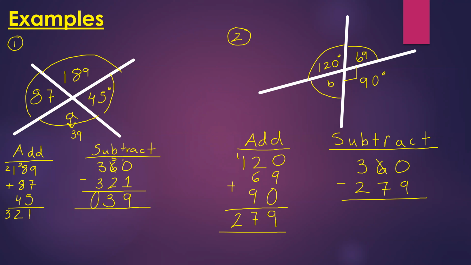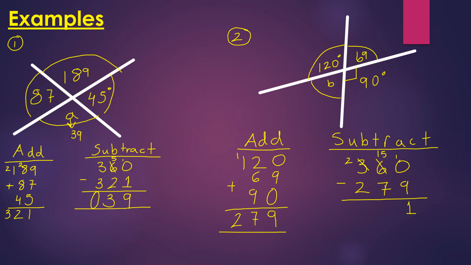It's going to be what? 5. This is what? 10 minus 9 is what? 1. So we have to borrow, yes, from the 3. This becomes what? 2. And this is 15. 15 minus 7 is what? 8.